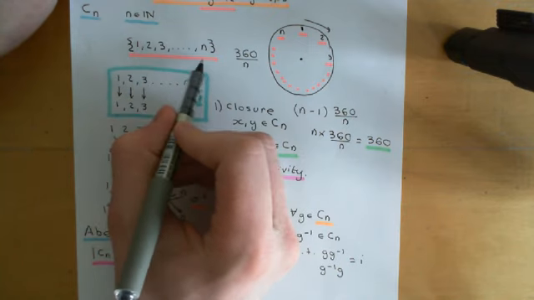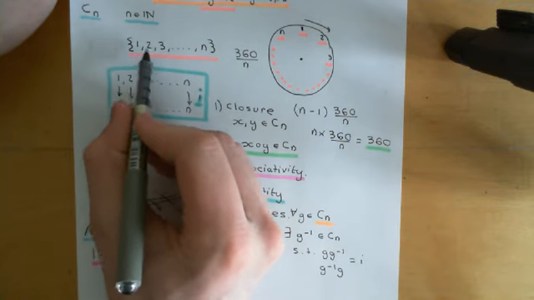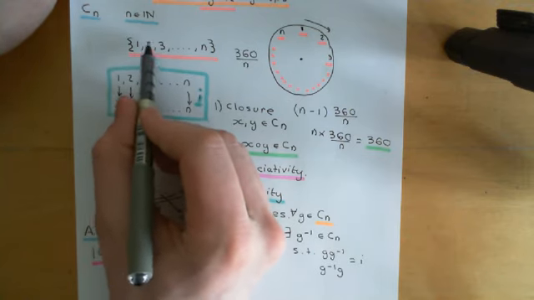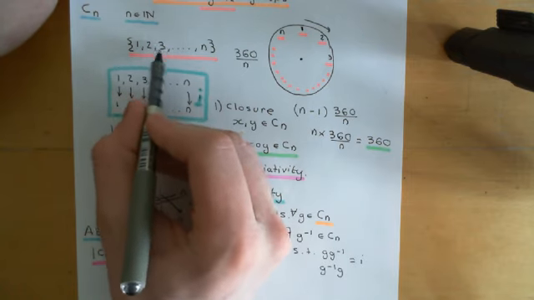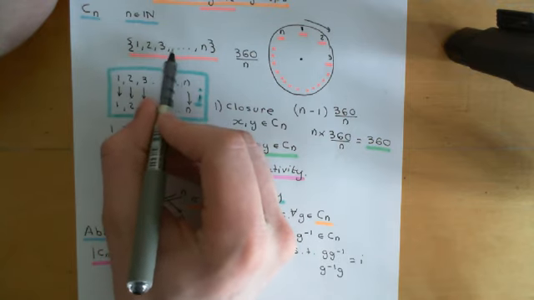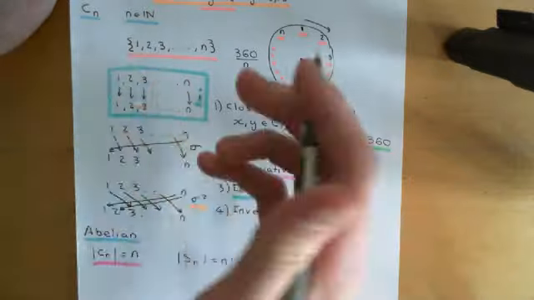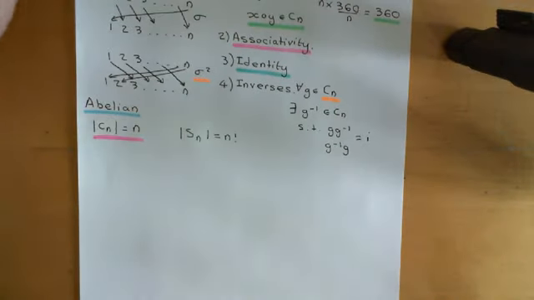Well, there's n minus 1, because I've already given 1 away to where 1 is going. So now there's n minus 1 places where I can send 2, then n minus 2 places that I can send 3, n minus 3 places that I can send 4, etc., and that's where you get the n factorial order of the symmetric group S little n.